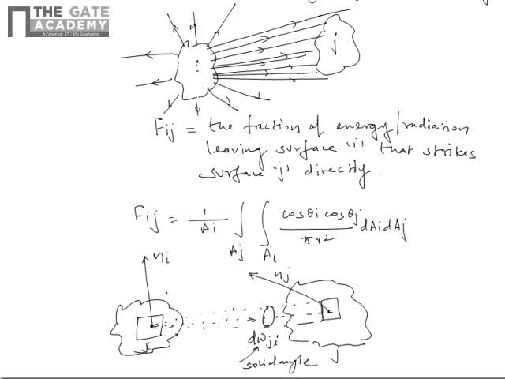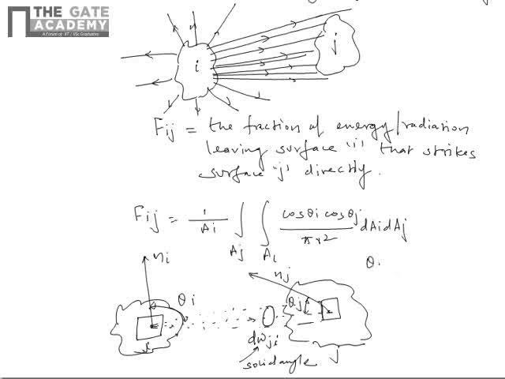Then the angle between the normal and the line that connects the two surfaces is theta i and theta j.